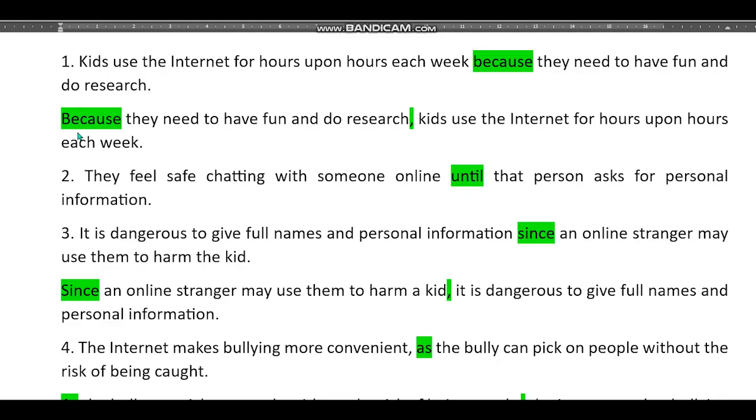In this case, the sentence would become because they need to have fun and do research, comma, kids use the internet for hours upon hours. So if the subordinating conjunction is in the middle, we do not use any commas. If it was at the beginning of the sentence, we always put a comma after the first clause. Again, correct your answers.